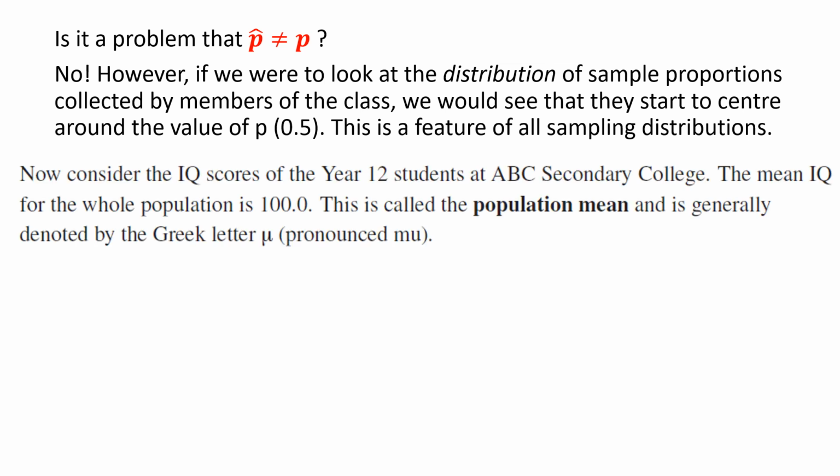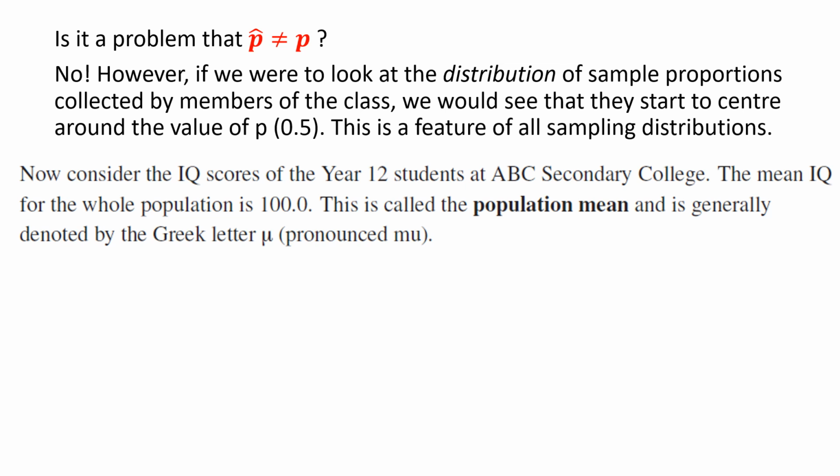But there's also this idea when we start to look at numerical data. In that list of 50 students, there was an IQ for each, and suppose we wanted to look at the mean IQ level of students in secondary college A, B, C. We use the Greek letter mu.